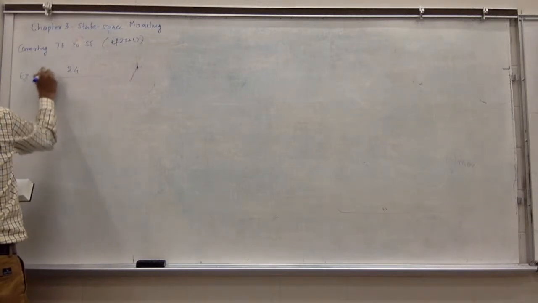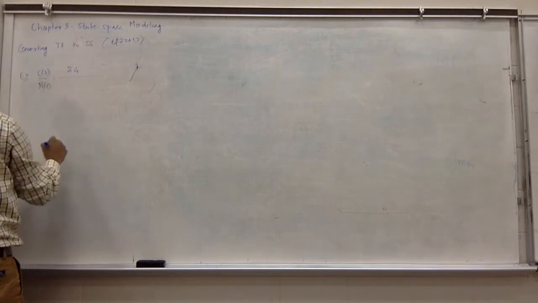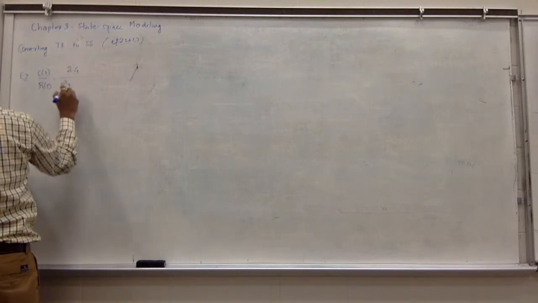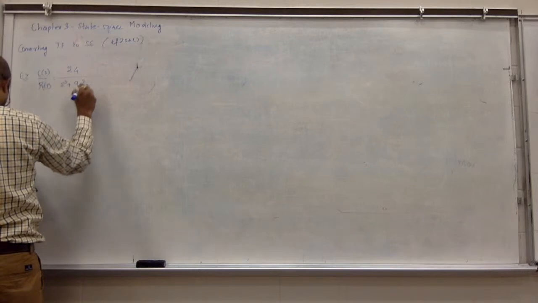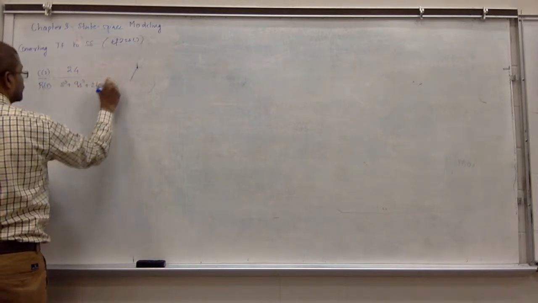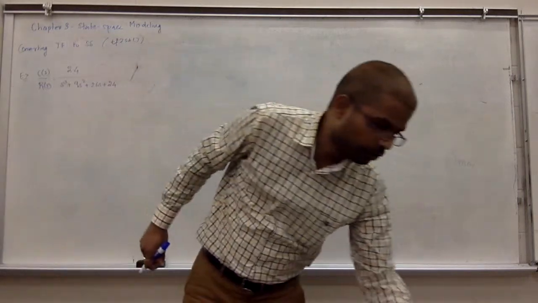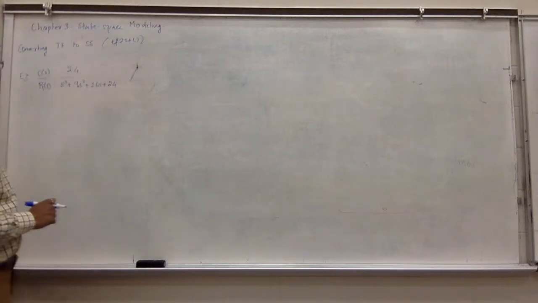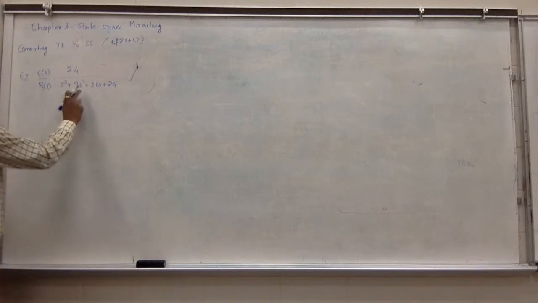We have C of S over R of S is equal to 24 over S cube plus 9 S squared plus 26S plus 24. So how do we convert this transfer function into a state space model? What is the order of the system?